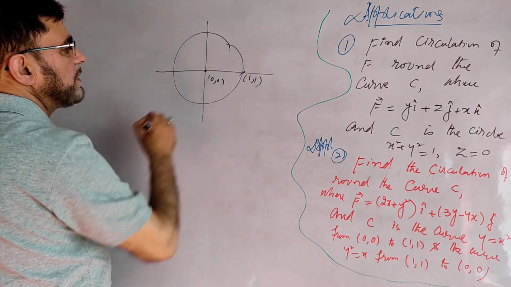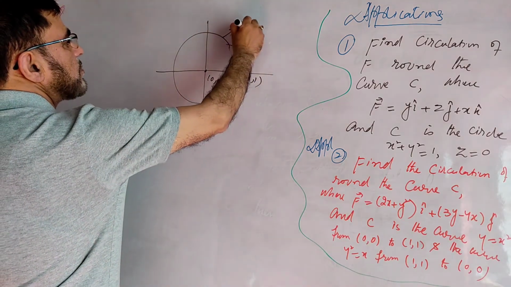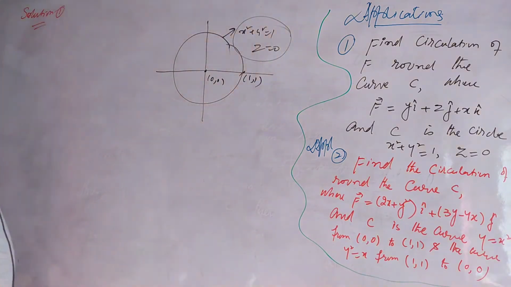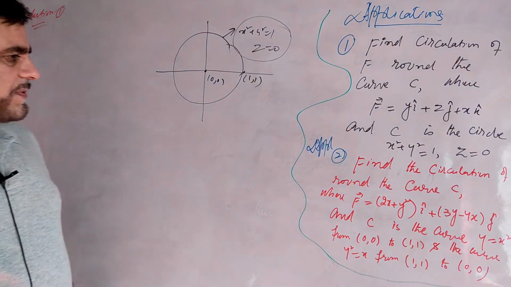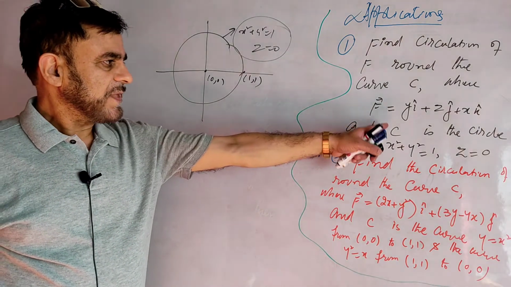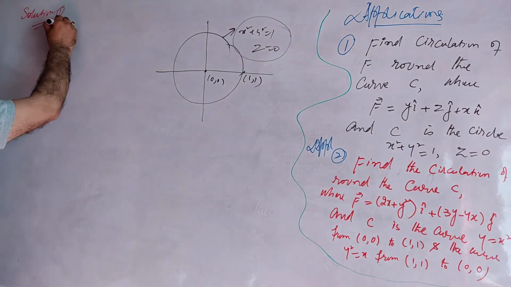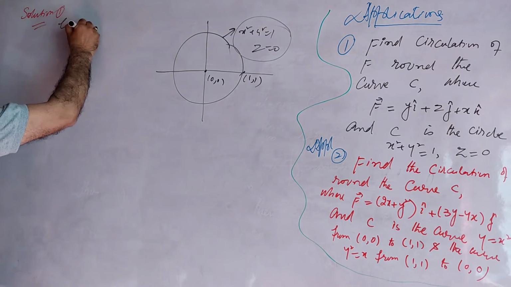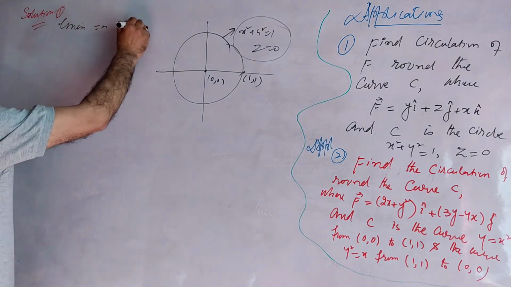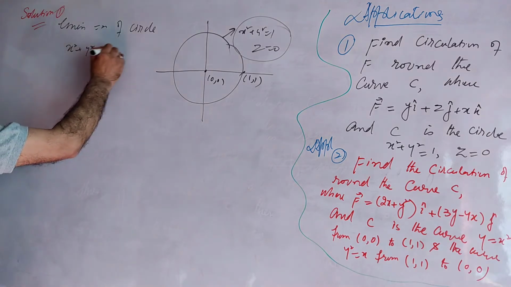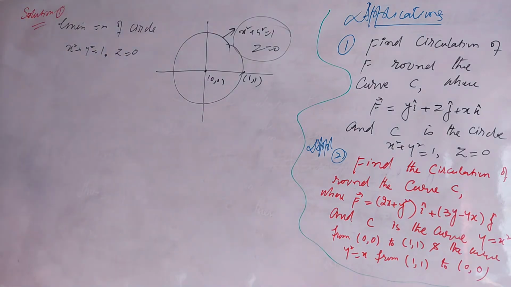The circle is x squared plus y squared equals 1, and its equation is z equals 0. This is the equation of the circle. We have to find out the circulation of this force, the vector point function f, along this. Now the given equation of the circle is x squared plus y squared equals 1, z equals 0. Okay, we have parametric equations.